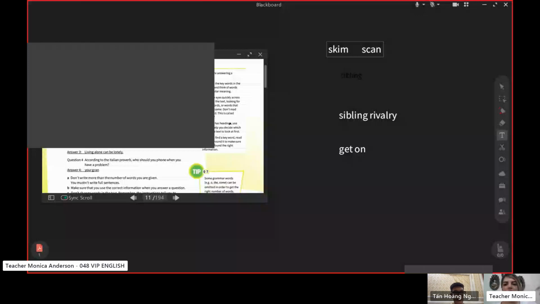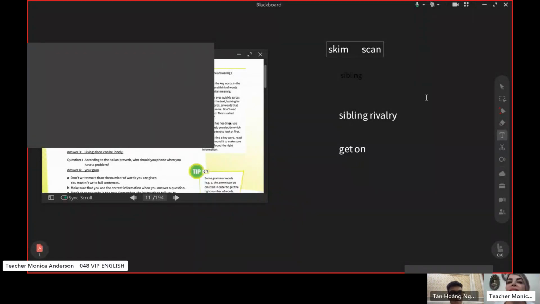Of course. Let me explain again. First of all, we need to know about skimming and scanning, the methods of reading. When you skim a text, you only need to figure out the general idea of the text. So you don't need to pay attention to the details, numbers, names, only the general idea.